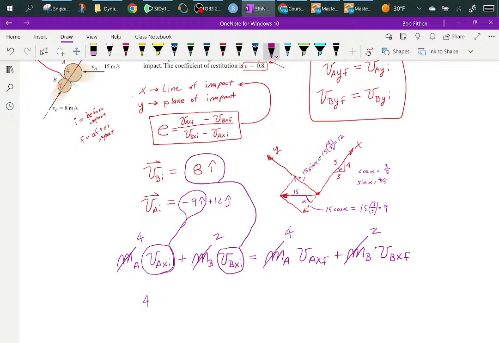So I get 4 times minus 9 plus 2 times 8 is equal to 4 times VAX final plus 2 times VBX final.